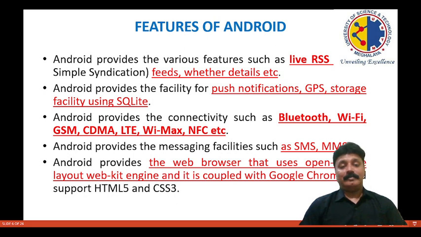Android provides connectivity such as Bluetooth, Wi-Fi, GSM, CDMA, LTE, WiMAX, NFC, etc. Then the messaging facility: SMS and MMS can also be transferred. Then web browsing, which uses an open source layout WebKit engine coupled with Google Chrome, and supports HTML5 and CSS3.